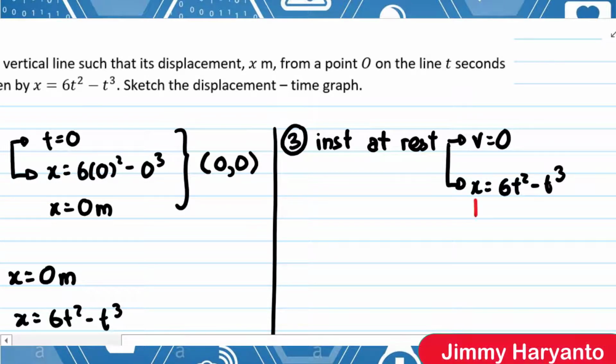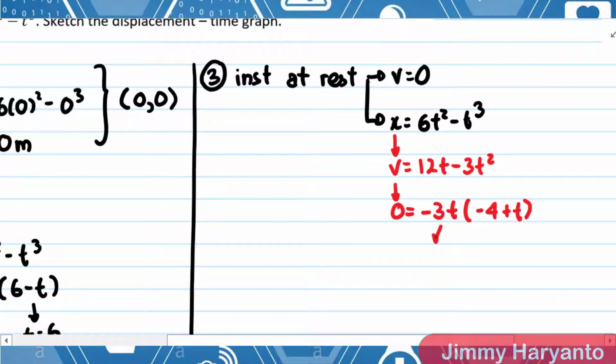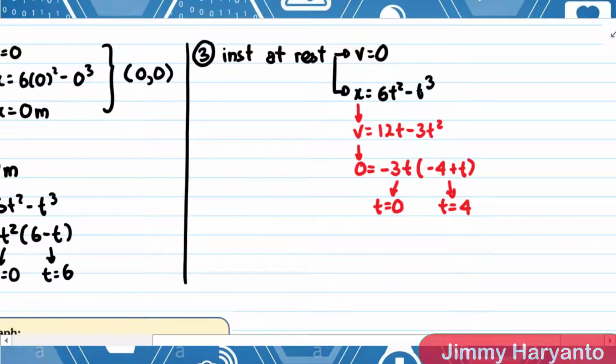You will have an equation like this: v equals 12t minus 3t², and for instantaneously at rest you have to replace the v with 0, and then I can factorize the negative 3t. You will have (negative 4 plus t). And for this one, the time will be 0, and for this one, the time will be 4 seconds.